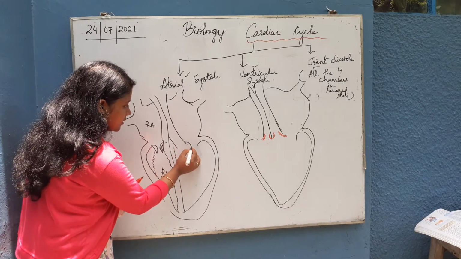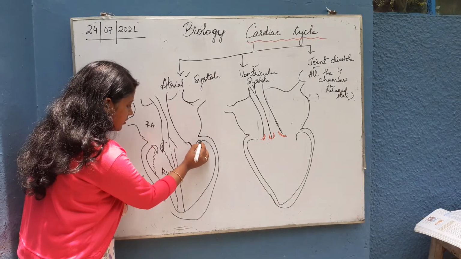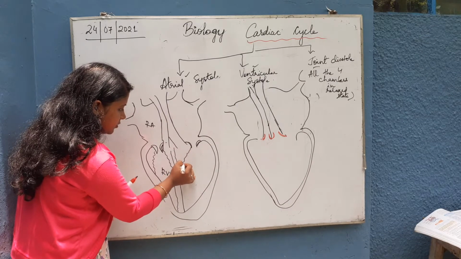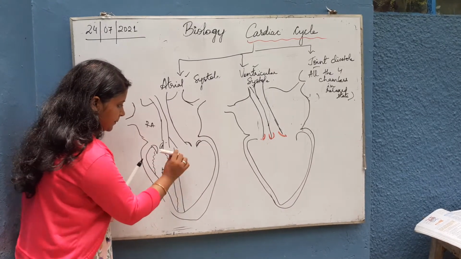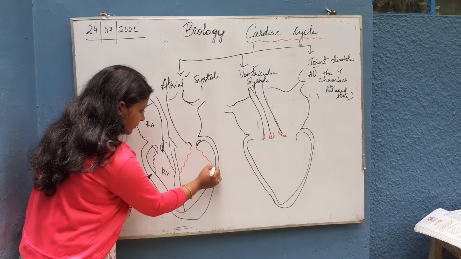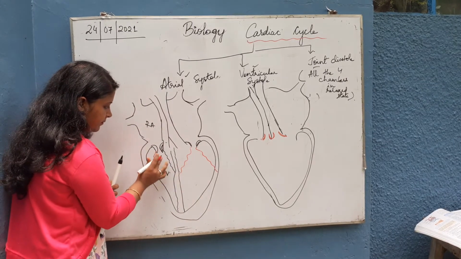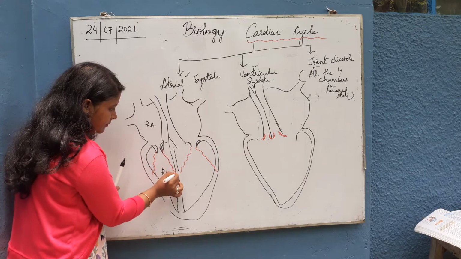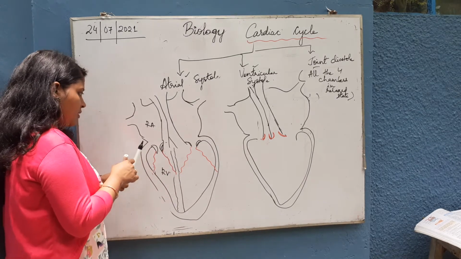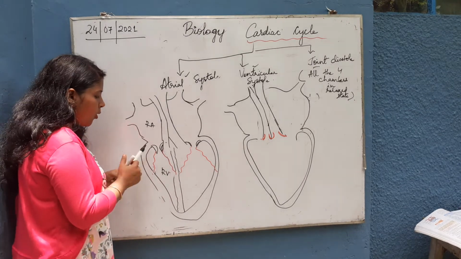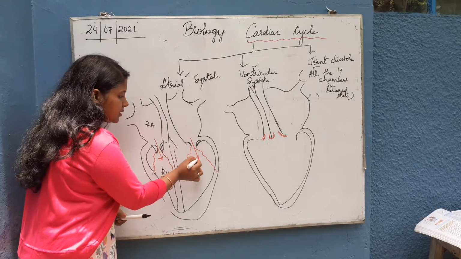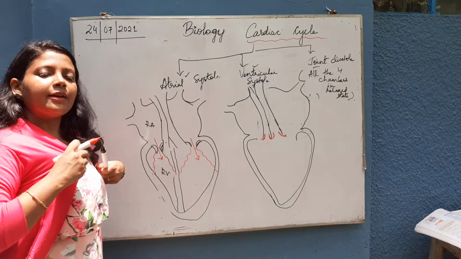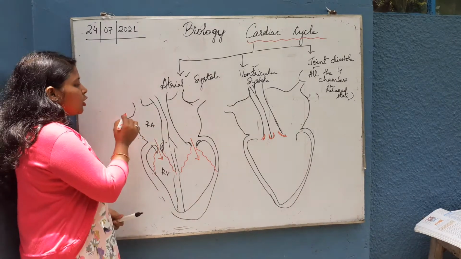Now here is the bicuspid valve. It is also connected with the chordae tendineae. So this is open here. The tricuspid valve is open and the bicuspid valve is open, and the rest of the valves will close.